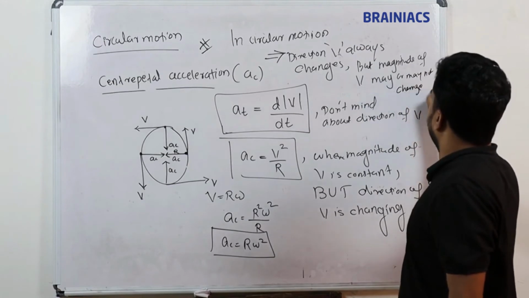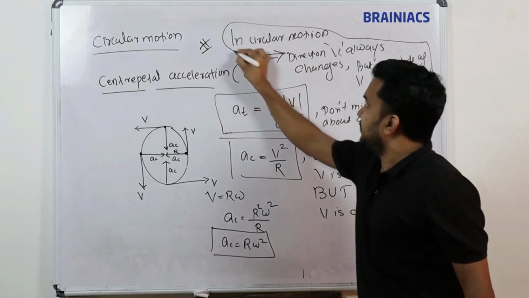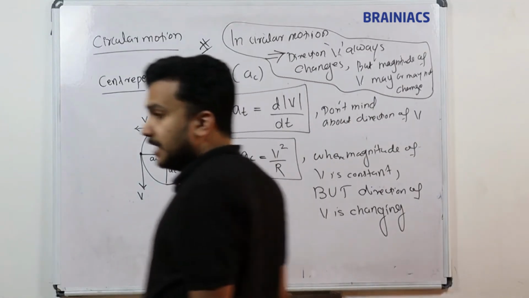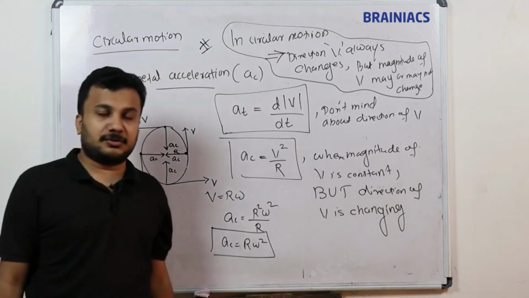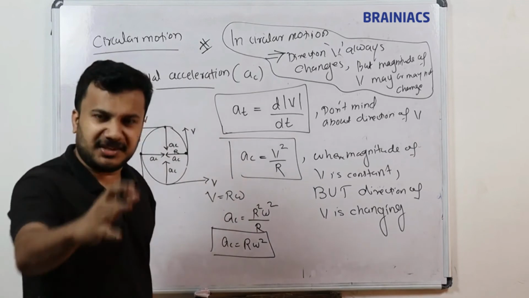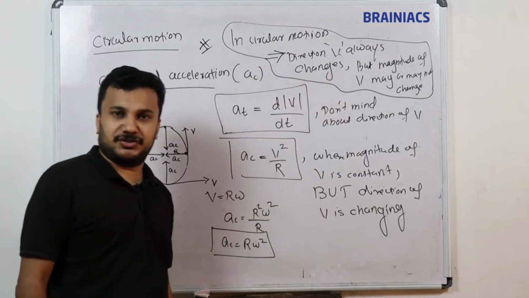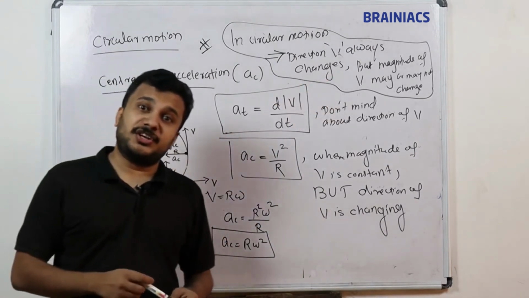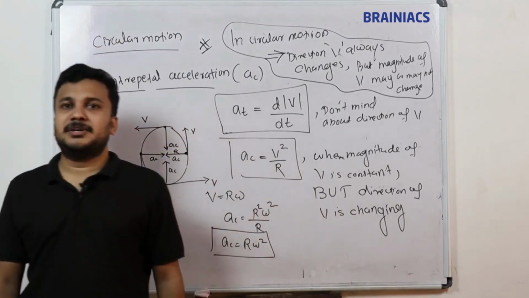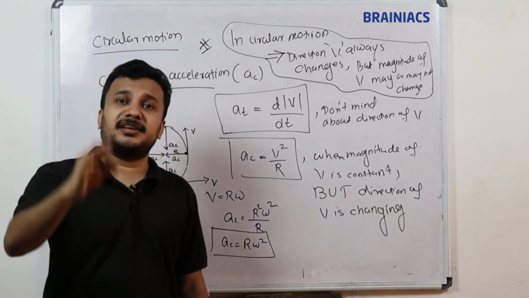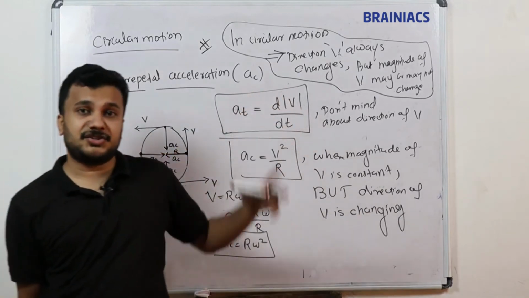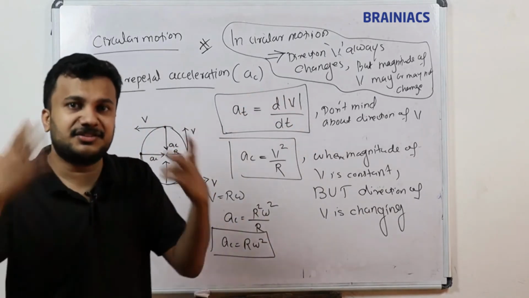In circular motion, the magnitude of velocity may or may not change, but the direction of v always changes. Whenever the direction of v changes, centripetal acceleration is definitely there.